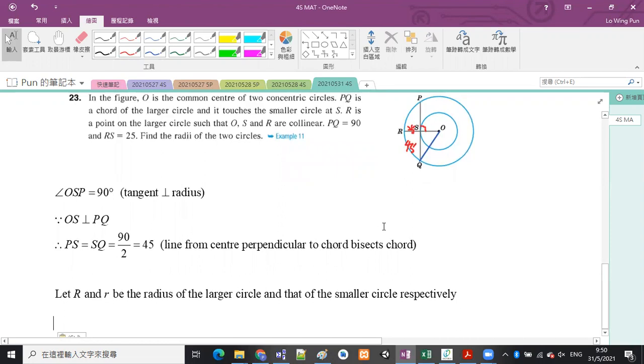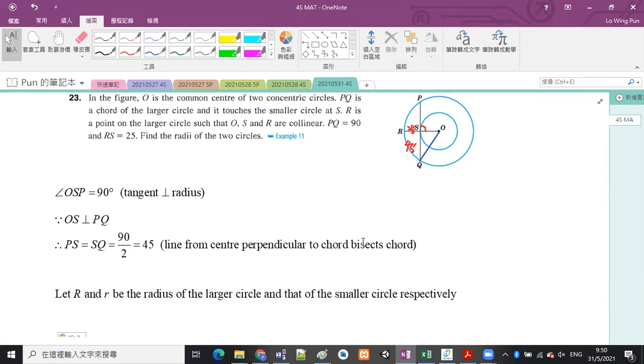Big R is the radius of the big circle, small r is the radius of the small circle. You get this? Now what information do we have? OQ is capital R, is big R, right? OS is small r. Can you see this? OQ is big R, OS is small r, and SQ is 45.